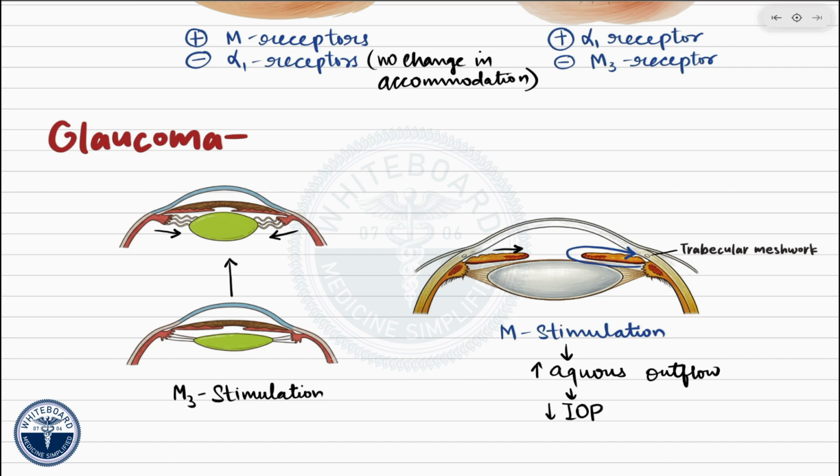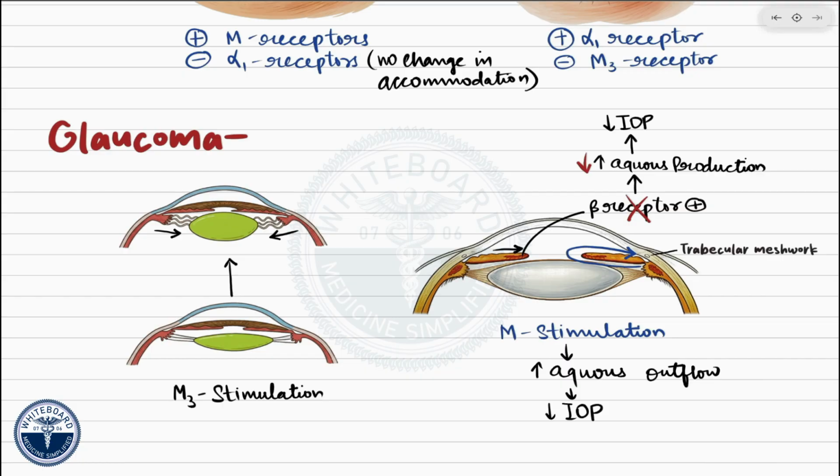In this regard, beta receptors present on the ciliary epithelium play an important role. Stimulation of these receptors promotes the secretion of aqueous humor into the eye. Therefore, if we block these beta receptors using beta blocker drugs, the production of aqueous humor decreases. As a result, less fluid accumulates within the eye, leading to a reduction in intraocular pressure.